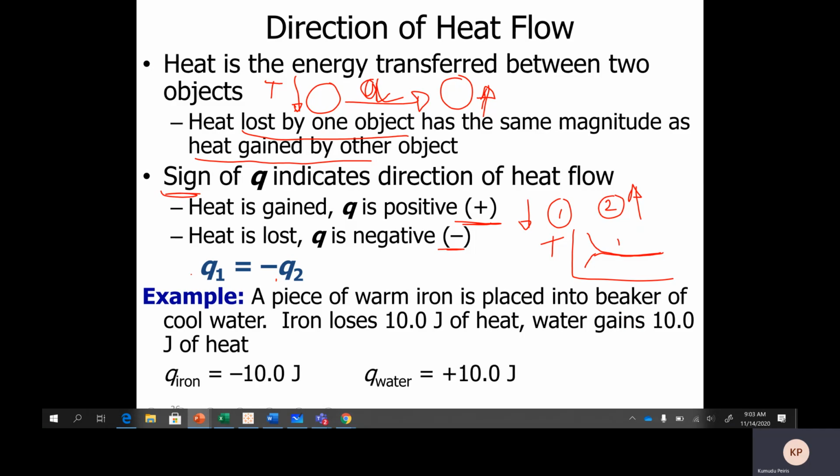So iron is losing the heat energy, therefore it should have the negative sign. For the water, the heat energy change: water has absorbed the energy, so that Q should have the positive sign.